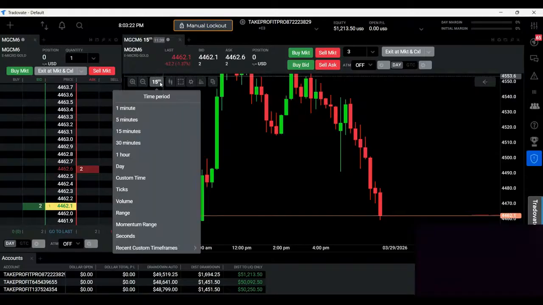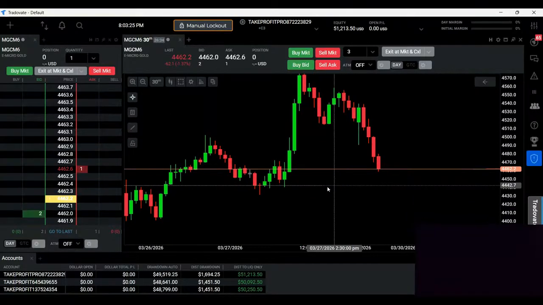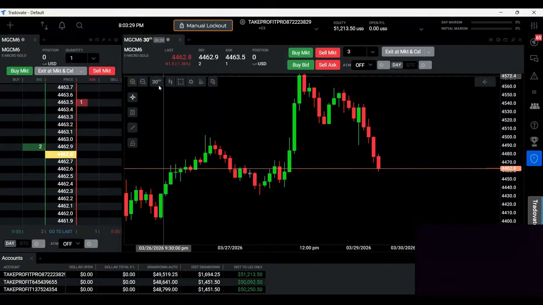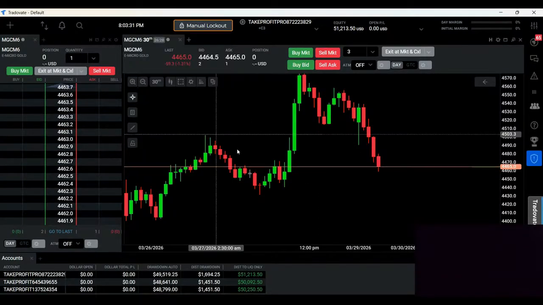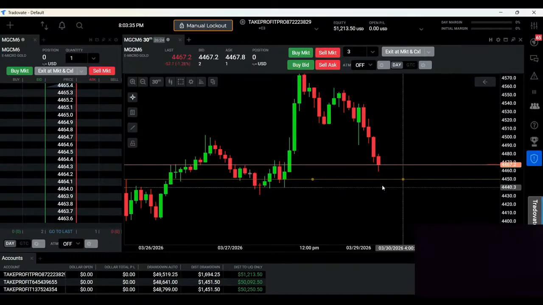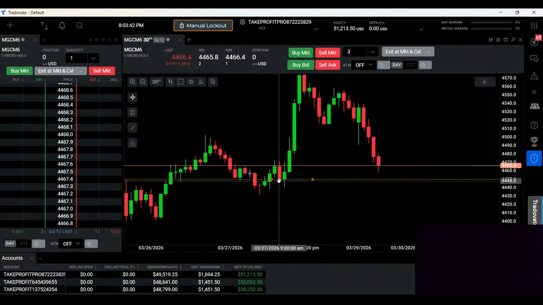Let's go on our 30 minute. So on the 30 minute, we will have our zone right here, right? So technically anything below here, we will be looking for sells, but I'm gonna just keep my zone here for now.